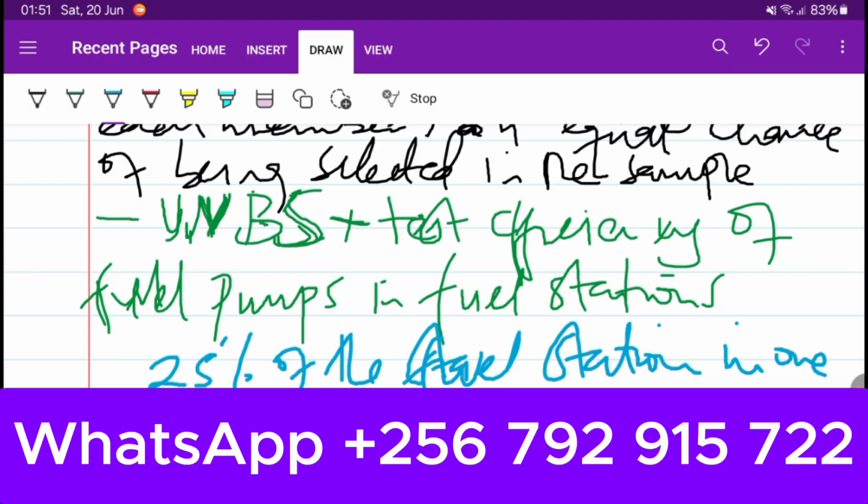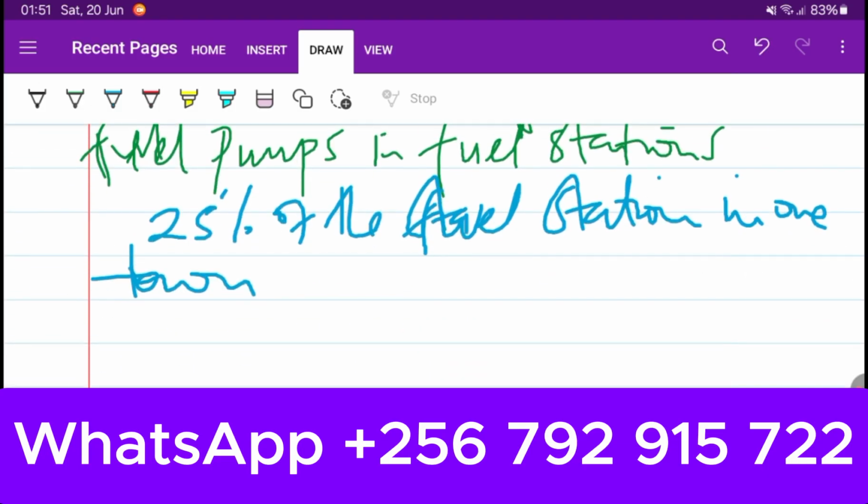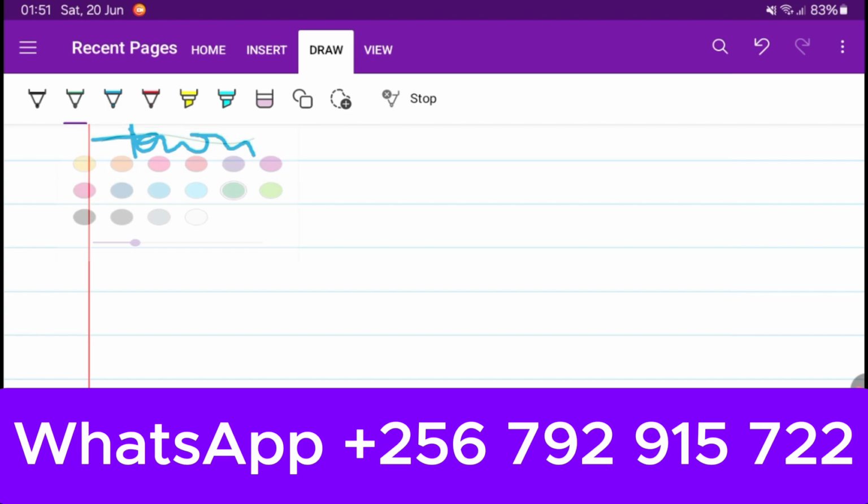The other example that we can talk about is auditors. Auditors can sample company invoices.